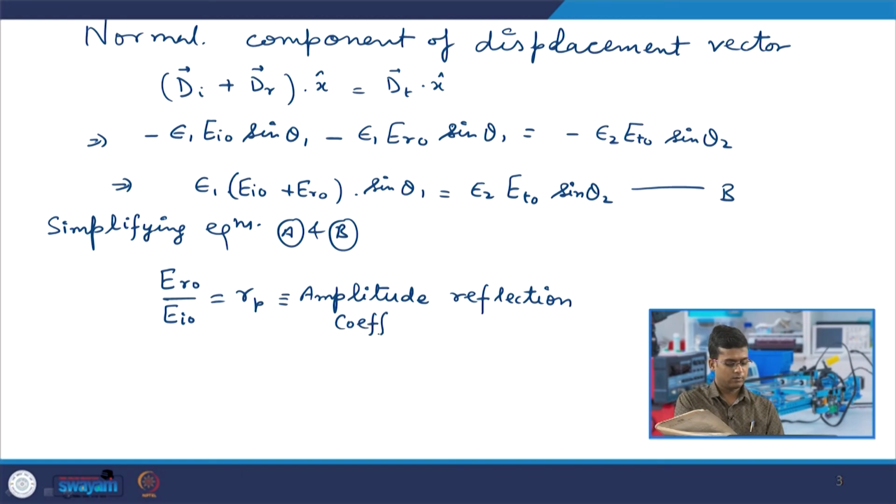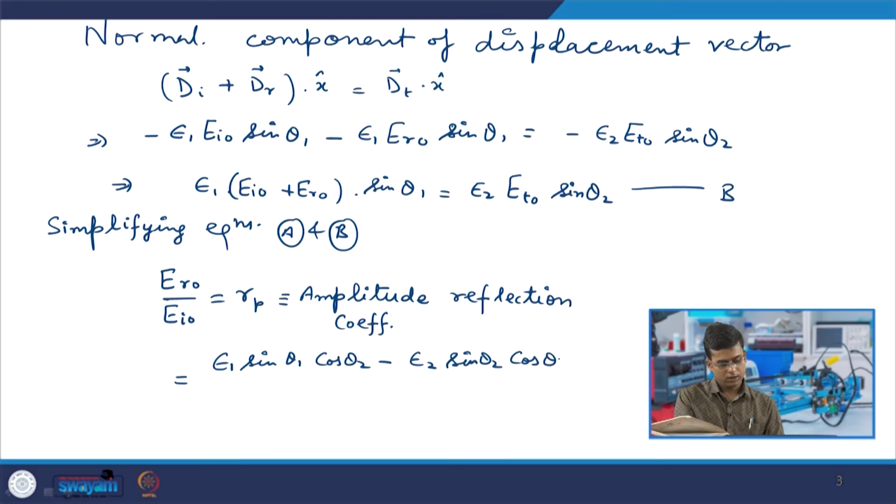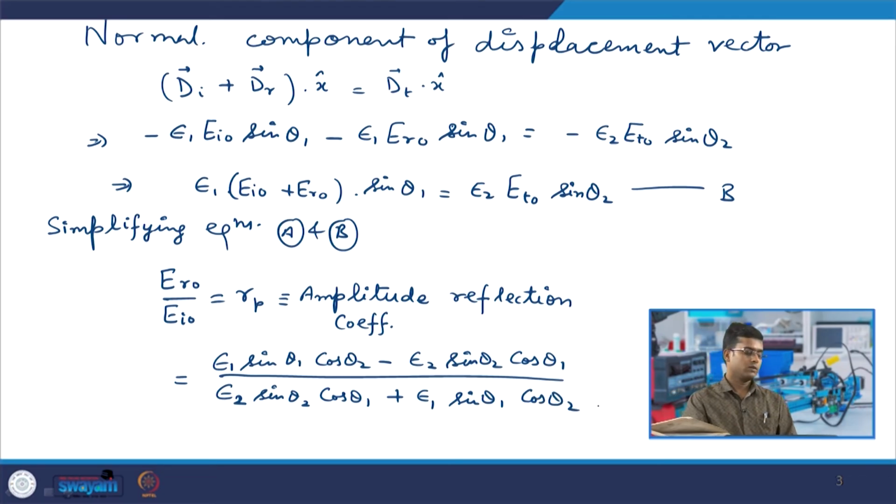We want to calculate Rp, and that comes out to be epsilon 1 sin theta 1 cos theta 2 minus epsilon 2 sin theta 2 cos theta 1, divided by epsilon 1 sin theta 2 cos theta 1 plus epsilon 2 plus epsilon 1 sin theta 1 cos theta 2. This is Rp.